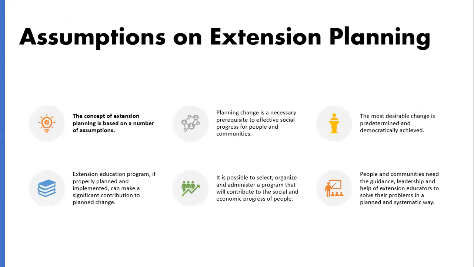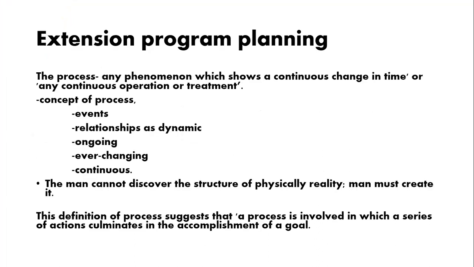In the planning process, we have 2-3 assumptions regarding program planning. It is a process. It's a continuous process, a continuously changing process, an ongoing process. It is related to a dynamic relationship, and it also involves a number of continually happening events.